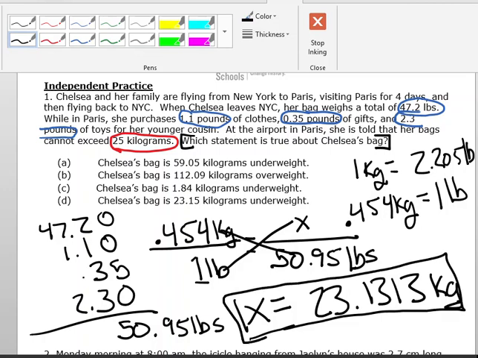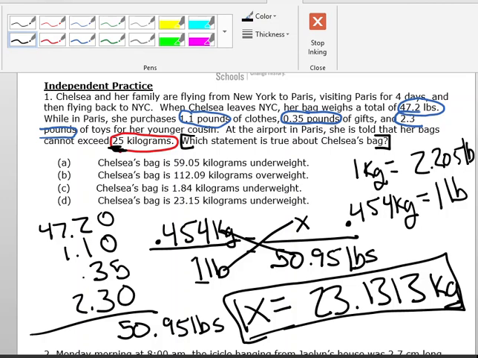Now I need to go back up here, and it says 25 kilograms was the limit. Let's take a look and see what's true. Chelsea's bag is 59.5 kilos underweight? That's not the case. Chelsea's bag is 112.9 kilos overweight? No, it looks like we are actually underweight. Chelsea's bag is 1.84 kilos underweight.